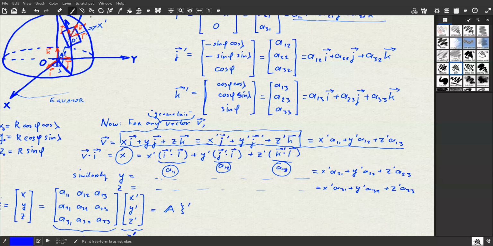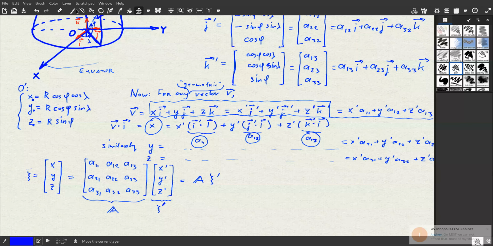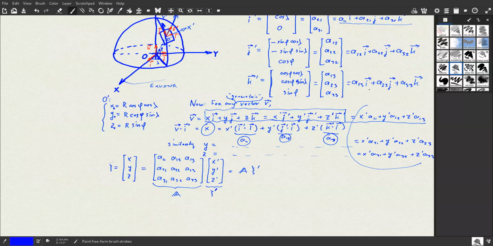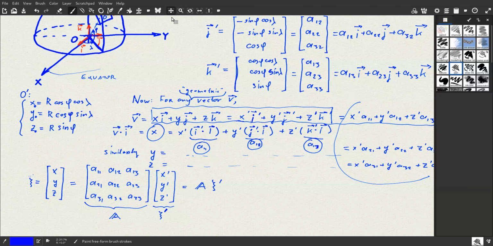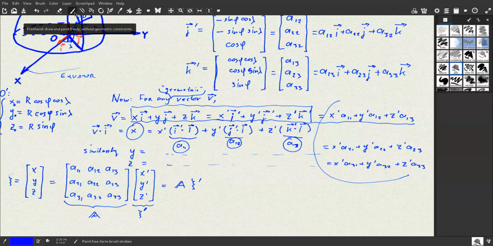So in terms of vector projections, and that's important to remember, we can then say that our vector x, y, z would be, looking at the right-hand sides here, just a second, I'll make it easier to see. Yes, looking at the right-hand side, we can see that it is just matrix A from A11 to A33.